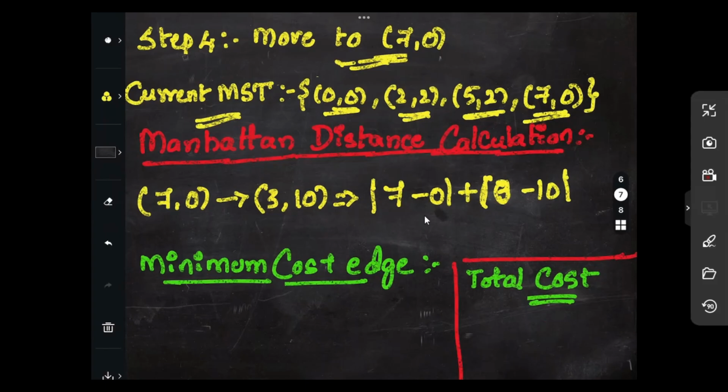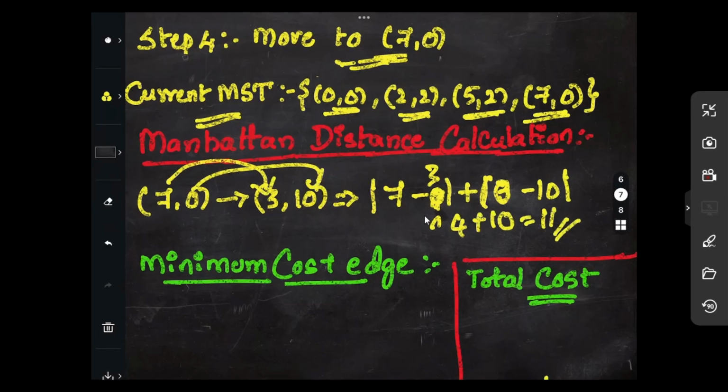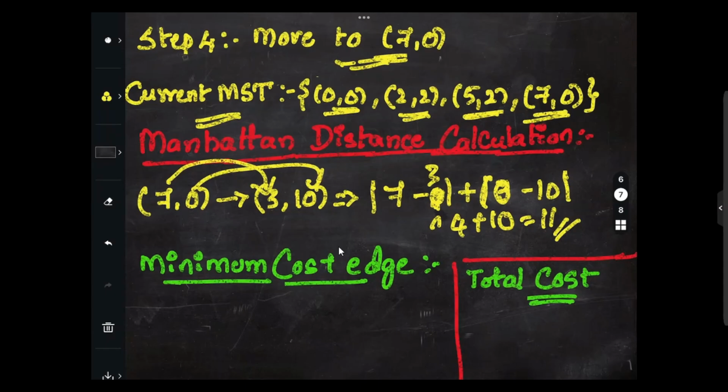Yeah, this has to be 7 minus 3, not 7 minus 0. Xi minus xj, yi minus yj, right? 7 minus 3 will be 4, plus 10 here. Give me a second. So here it has to be 4 plus 10, 14, not 11.